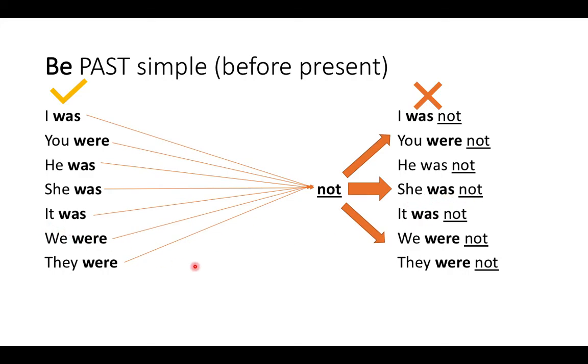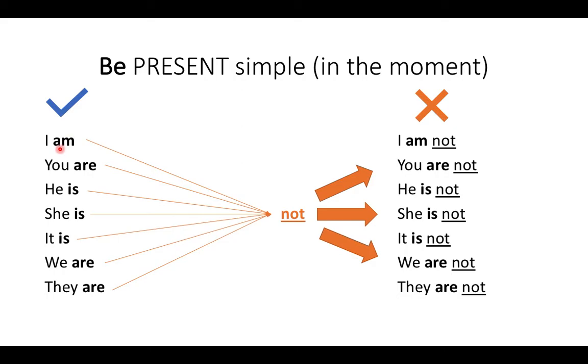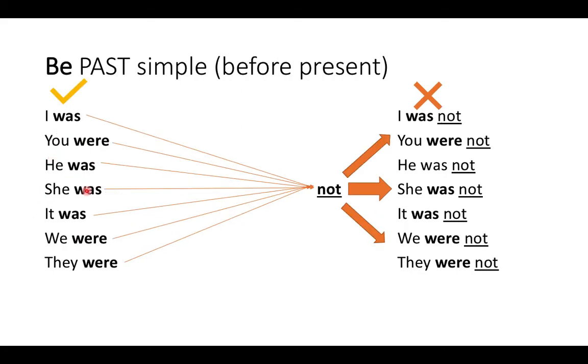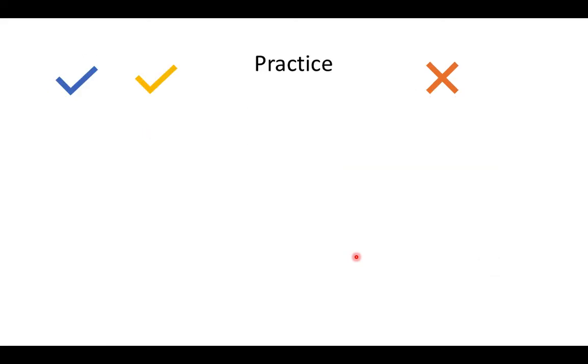It was, add the not. It was not. We were not. They were, and they were not. So that's all we're doing, just adding the not right after I was or I am. Or instead of you are not, we can say you were not if we wanted to make it past, so before the present, in the moment.